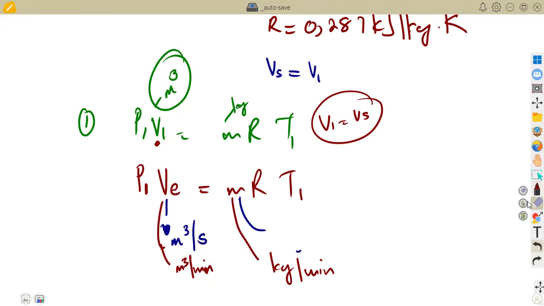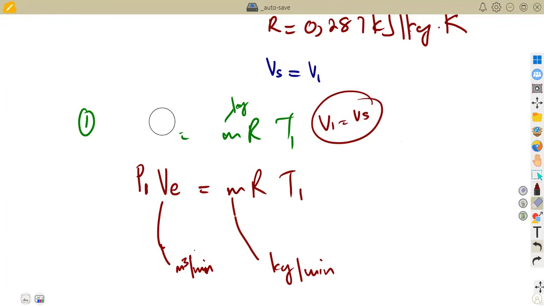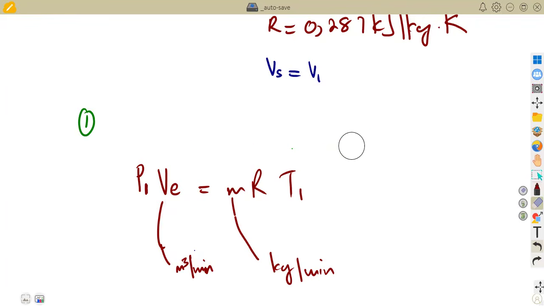The units must correspond also. So as we need this in kilograms per minute, we are going to use this VE in what? In cubic meters per minute. Everything was taken from P1 V1 equal to mRT, but you must consider what it is that I am calculating there.